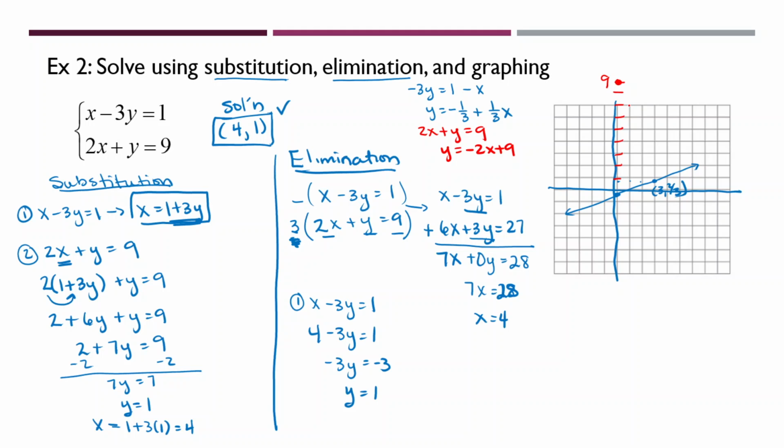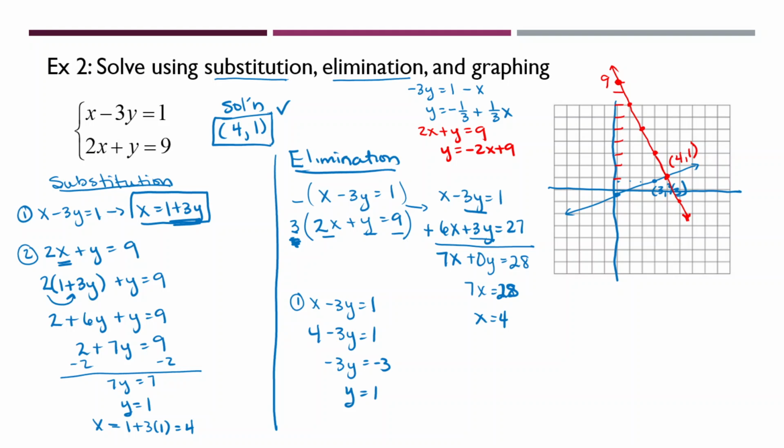And then I go down 2 over 1, and I can connect those dots. And the question is, where does this intersect? Well, we know from our other work this should be at 4, 1. But just by graphing it, I might not have been certain that it was precise. So sometimes the graphing really is not the way we want to go.